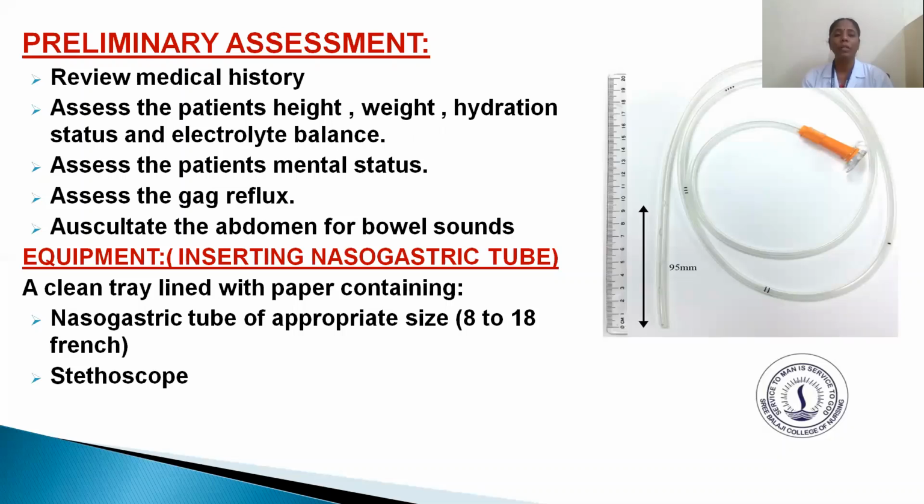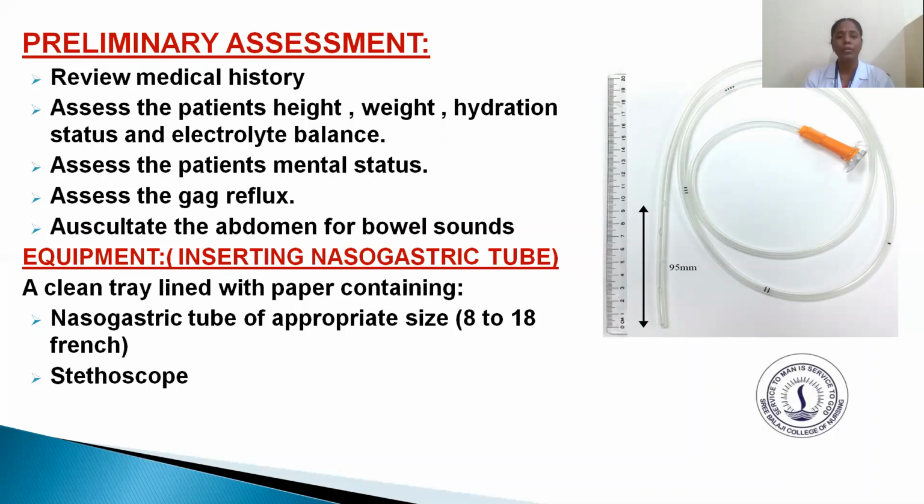Next, we go for the preliminary assessment. Reviewing the medical history is a must for everyone, staff, nurses, as well as doctors. Assess the patient's height, weight, hydration status, and electrolyte balance. Then only you can apply the nasogastric tube feeding to the patient.